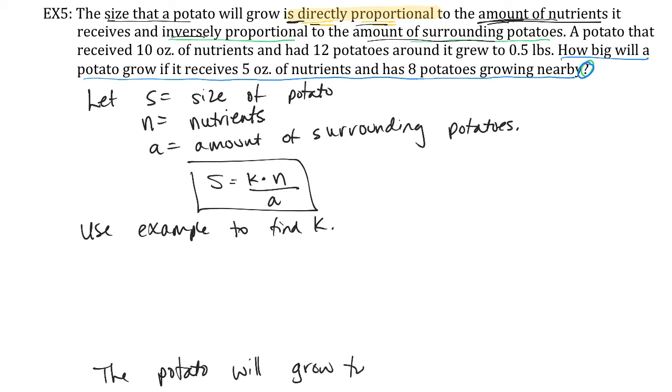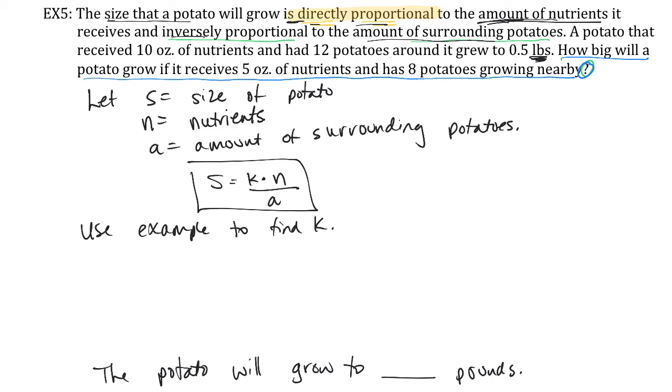Grow to a certain size. Okay, and I'm looking for, and I can actually just put that in regular, it will grow to a certain number of pounds. I'm looking at my units there.